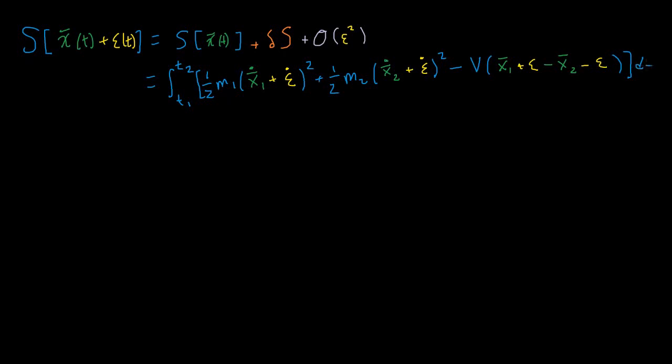All right, so first thing to notice is that these two epsilons right here cancel out because we have plus epsilon and minus epsilon. Now the next thing we want to do is to expand out the kinetic energy terms.